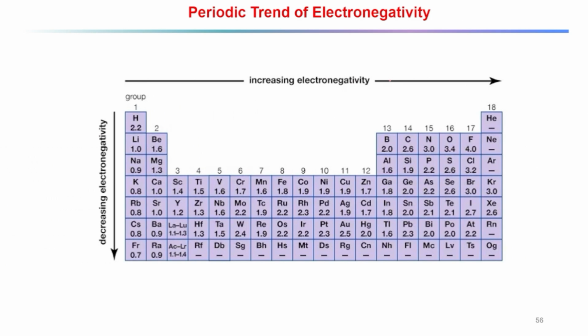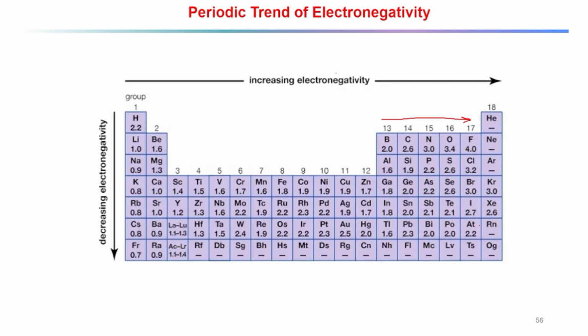Now this periodic table shows the electronegativity values of the elements, of all the atoms. From this data we can see, if we go from left to right, let's take lithium, beryllium, boron, carbon, nitrogen, oxygen, fluorine, the electronegativity value increases. Again, group wise, if we go from top to down, the electronegativity value decreases.